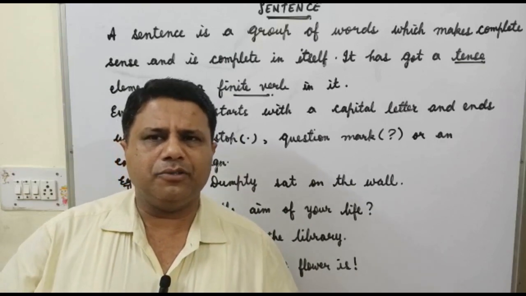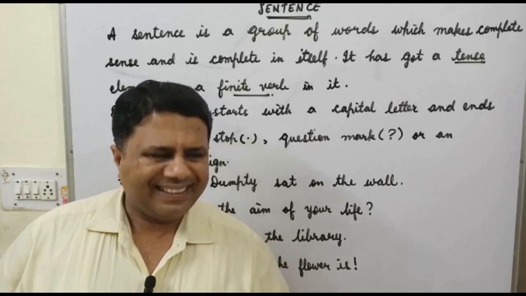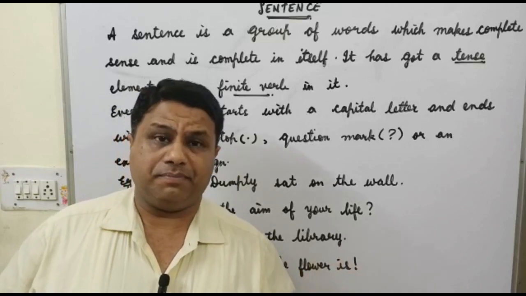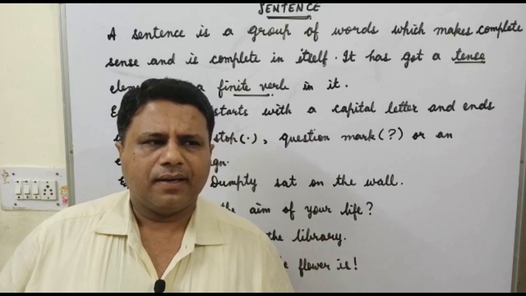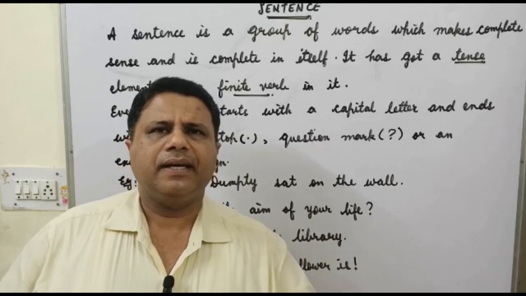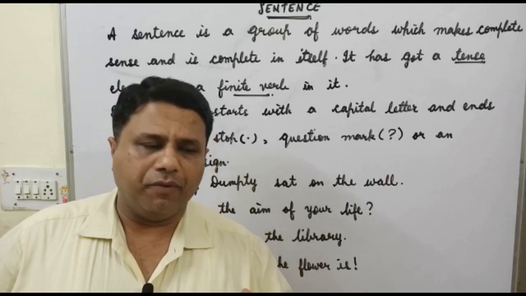But instead of saying that, we only say go. That does not mean the subject is not there. The subject is already there, but we are not writing or speaking it. We are simply making our sense complete with the help of a verb.